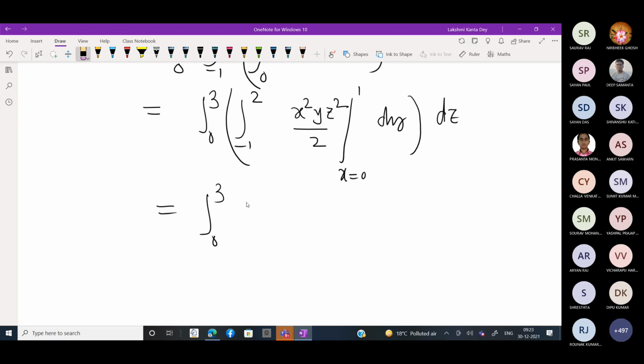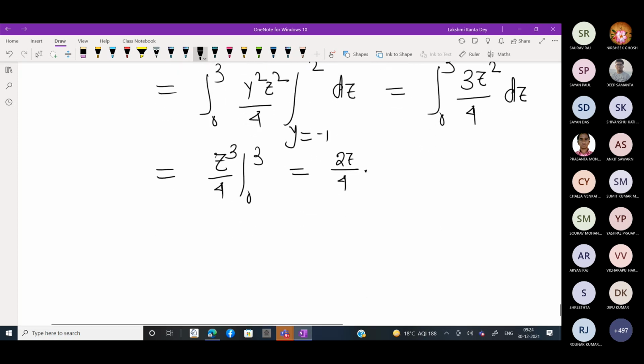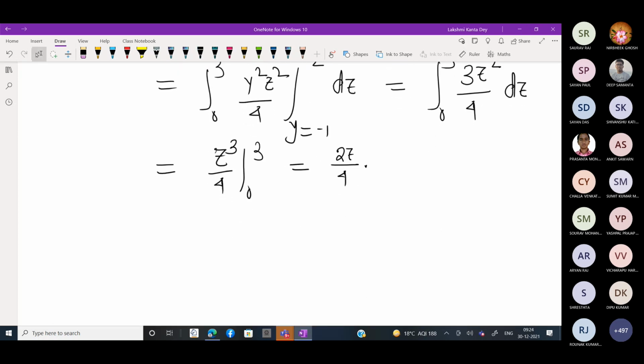This will be y square z square by 4, with y from minus 1 to 2, dz. Ultimately this will be the integral from 0 to 3 of 3 z square by 4 dz, which is z cube by 4 from 0 to 3. So ultimately it is 27 by 4. All of you understand, this is simple.